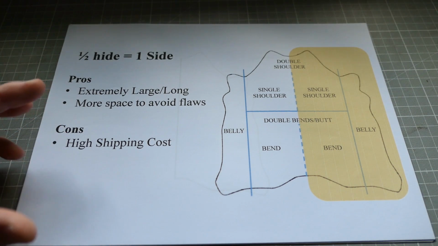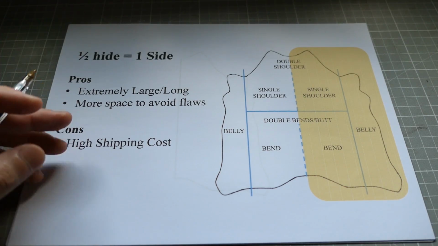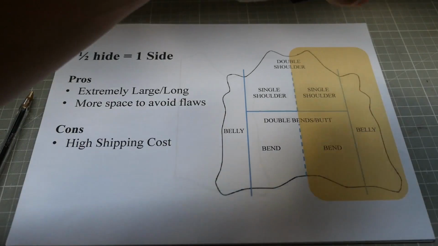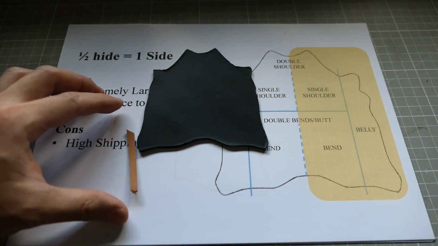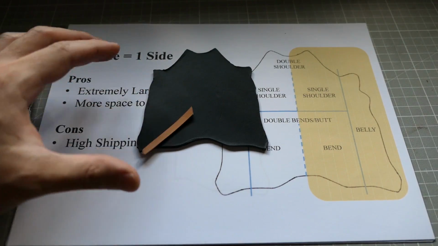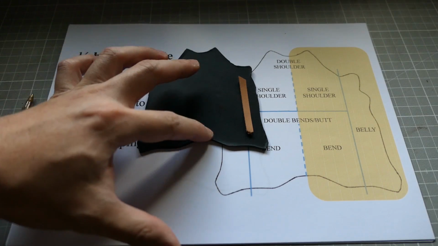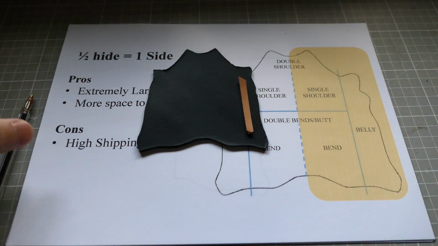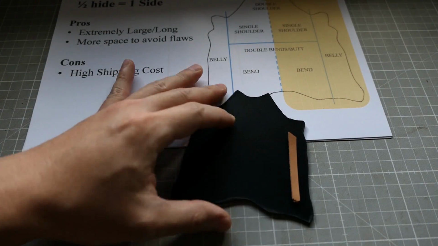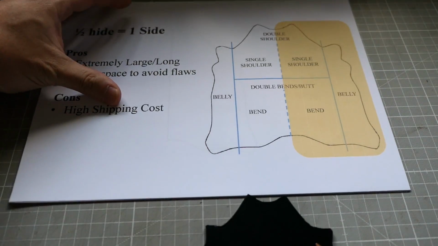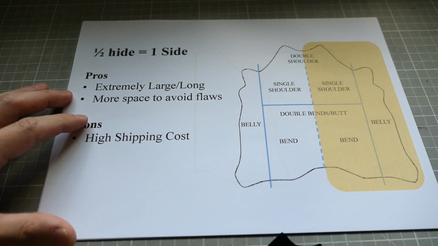It's very narrow, but long, so high shipping costs can be a problem, right? Like this is your whole hide, and let's say this is a human. The human size compared to the whole hide is too big, so they just cut it to a half hide so that they can sell it or ship it a little better. So this is what it really comes down to, the cons of one side.